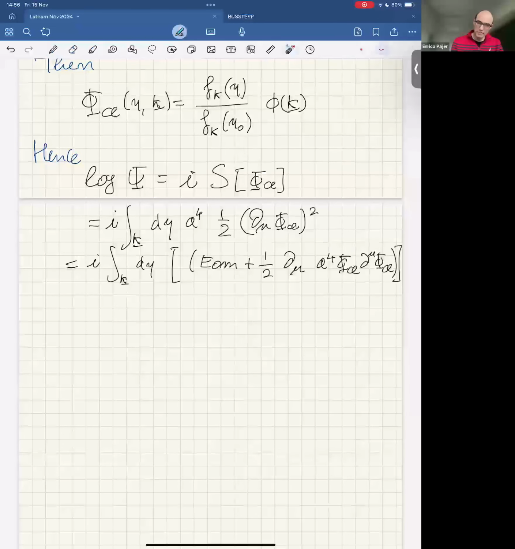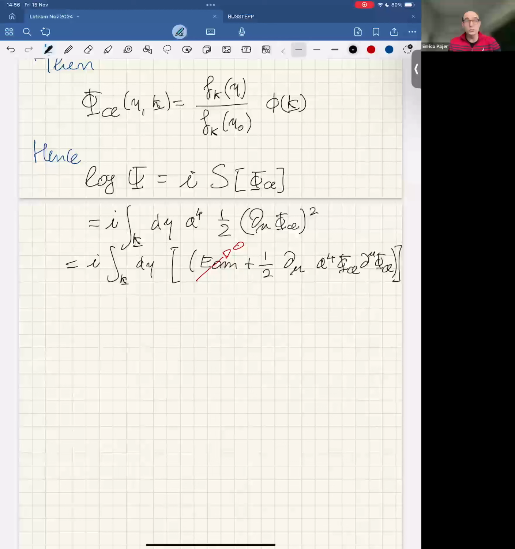Here I'm using nothing but the fact that if you take this derivative by parts, the result of that integration by parts is precisely the equations of motion. But phi classical was defined to solve the equation of motion, so this term is necessarily 0. So it's a waste of time to compute it. We know it's going to be 0. And so the only thing that survives is that boundary term in this classical action. And so the result is i over 2, the integral in dk.